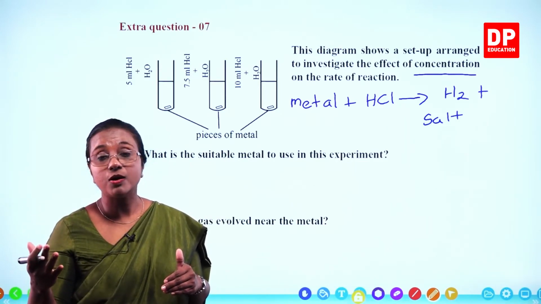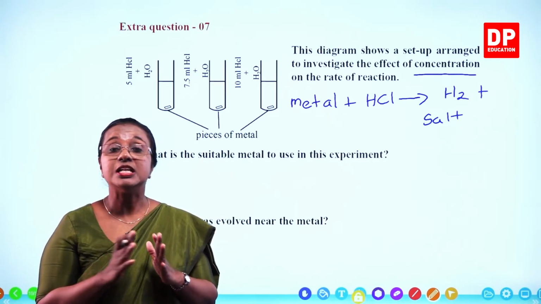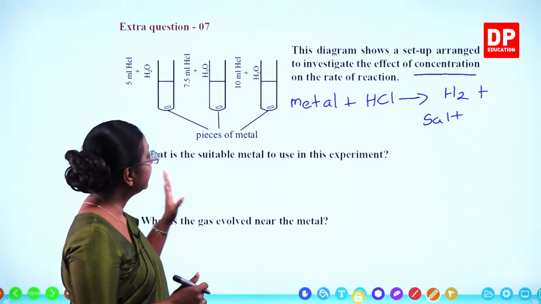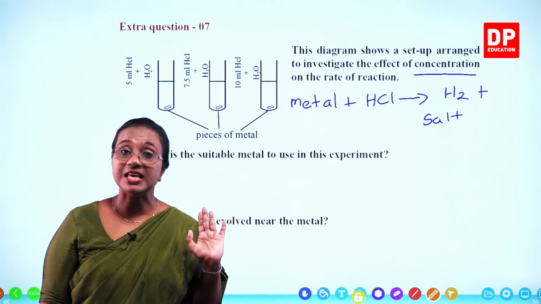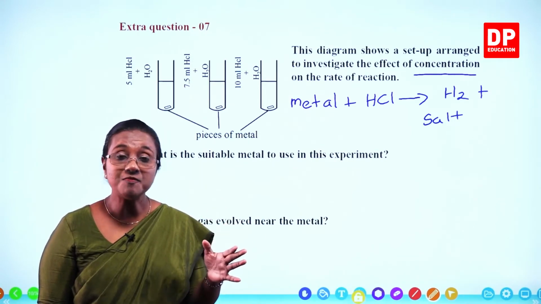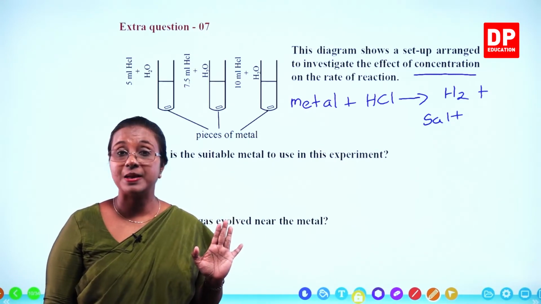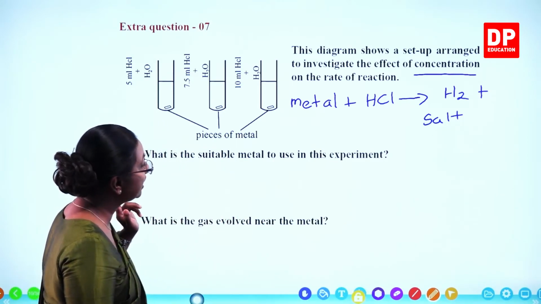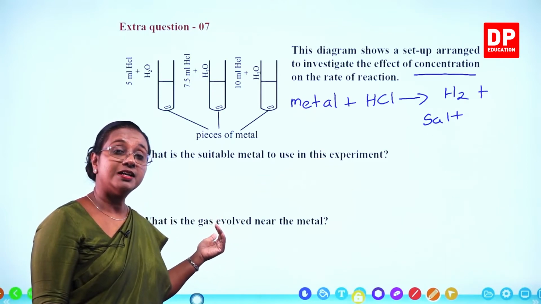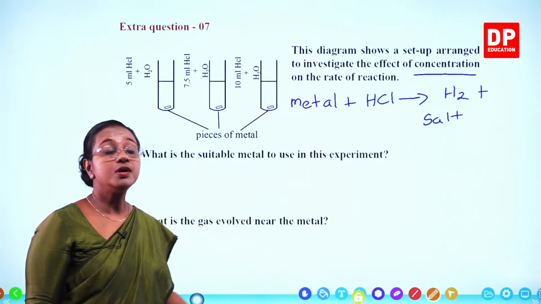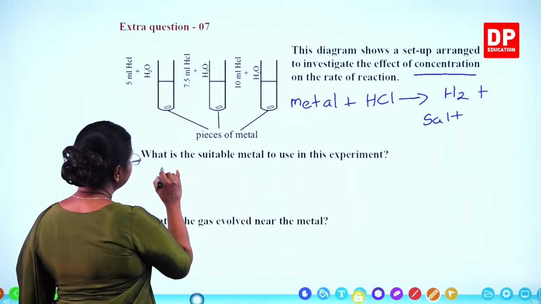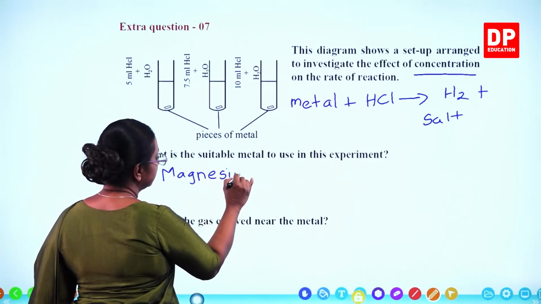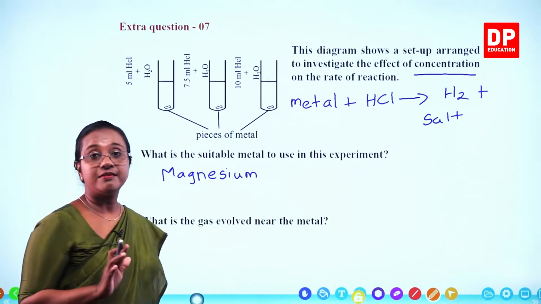It takes a very long time, so it is difficult to compare the rate of reaction. But when it is either magnesium or zinc, the reaction is somewhat fast, so it's easy to compare the reactions. So you can write either magnesium or zinc. I will write magnesium here. If you want, you can write zinc.